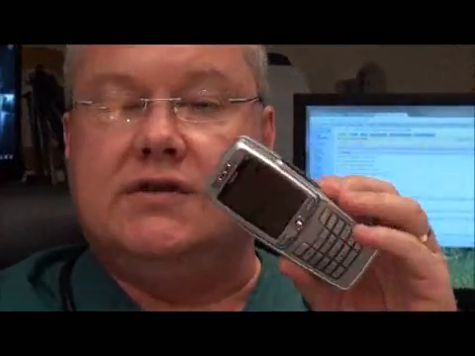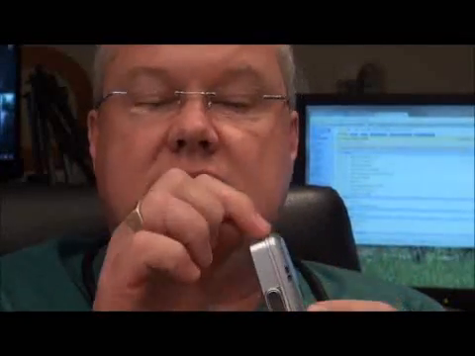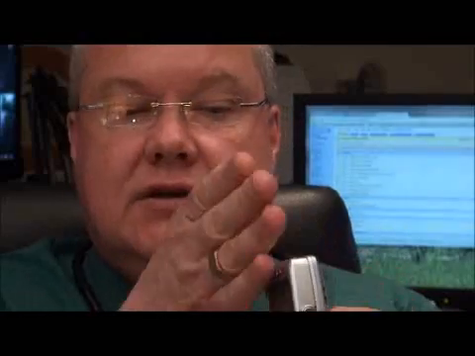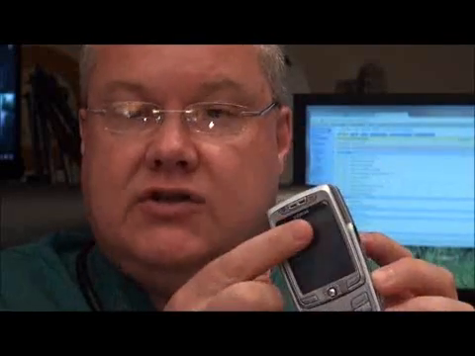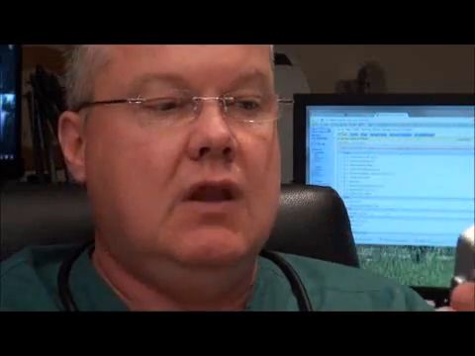Now if we have a look at this, the antenna inside the back of this cell phone is roughly 1 centimeter back from the front surface. So the front surface of the cell phone that's against your head keeps the antenna away from your head by about 1 centimeter. I'm rounding the numbers off. It may be 9 millimeters, it may be 12 millimeters, but for the sake of the argument, 1 centimeter.